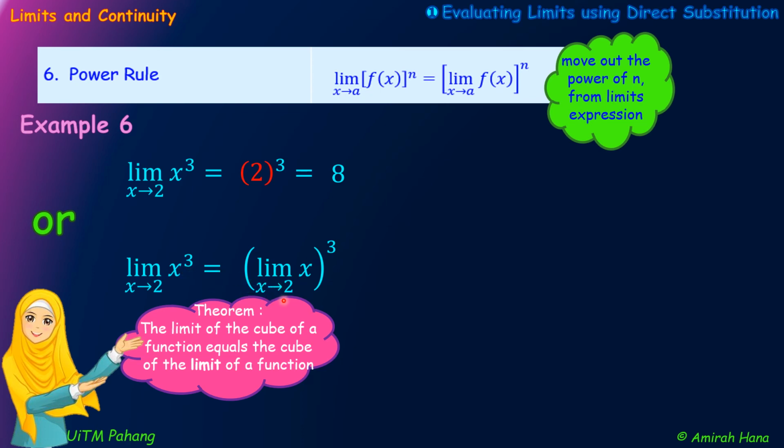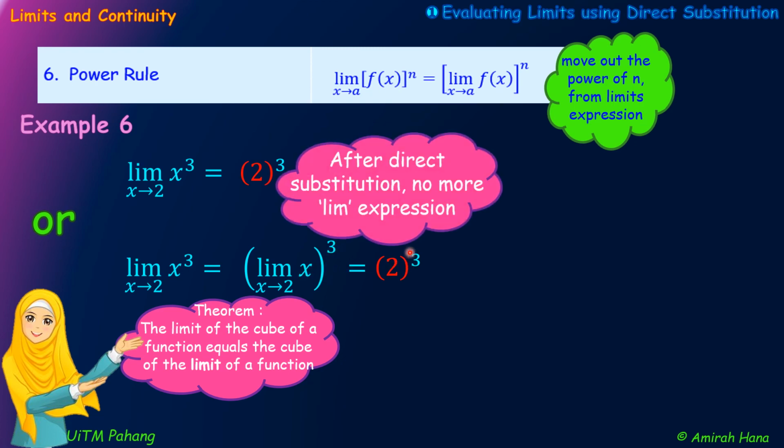So we get limit x approaches 2 of x, bracket to the power of 3 or cube. And after that, we plug in 2 into variable x here. So we get 2 cubed. And after we use direct substitution, no more limit expression.